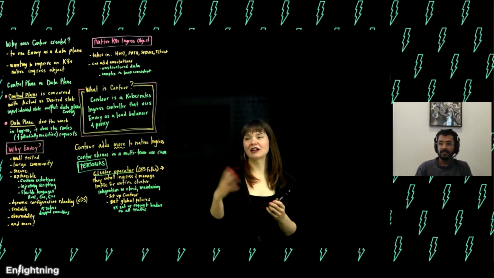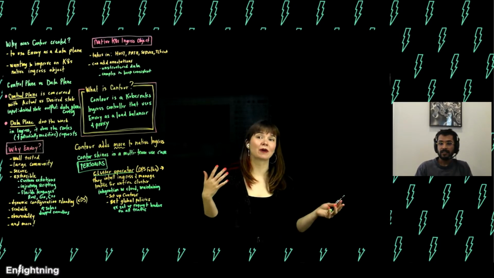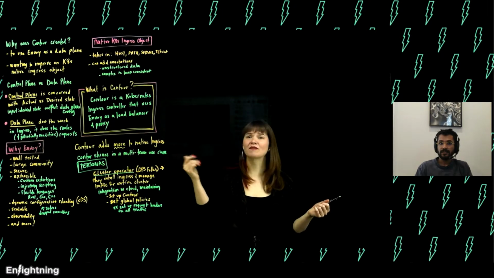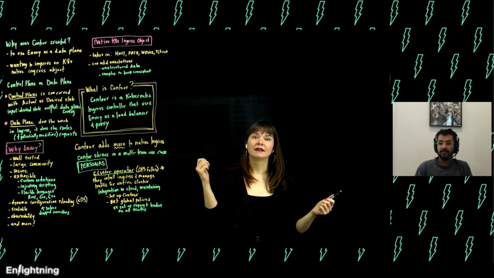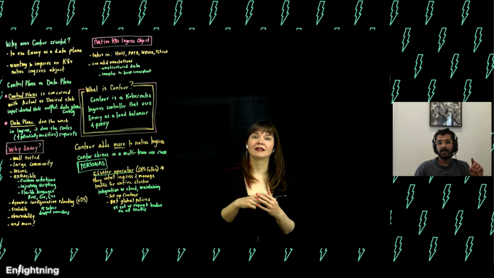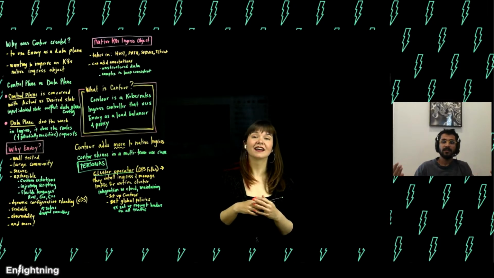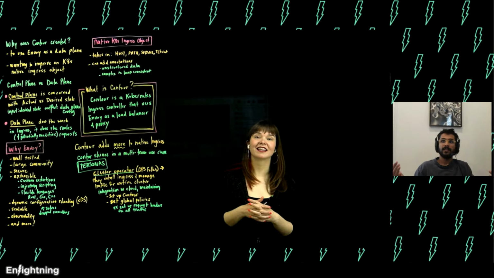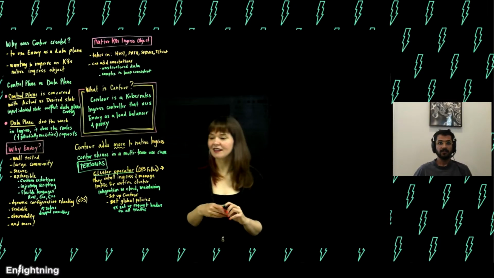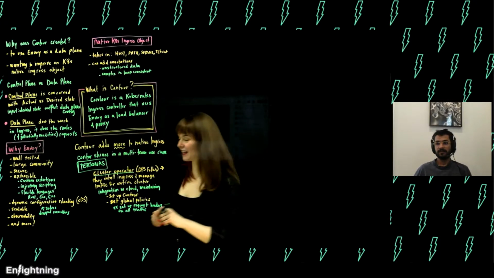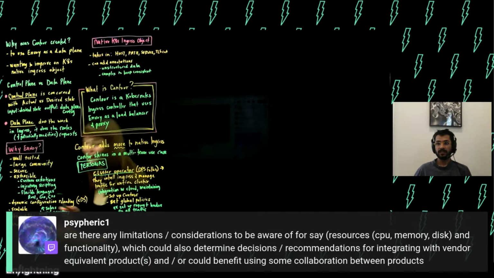And why would I want to use the Contour load balancer, or really an Envoy load balancer, over the native Kubernetes one? Some of that is because of what Contour adds on top of Ingress. So, the additional things that Contour provides.